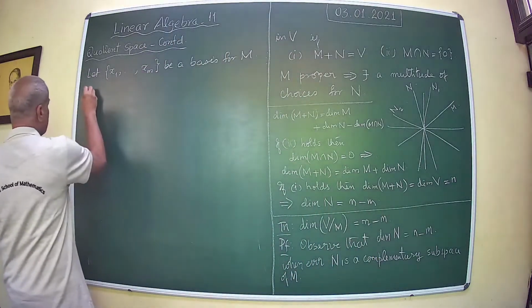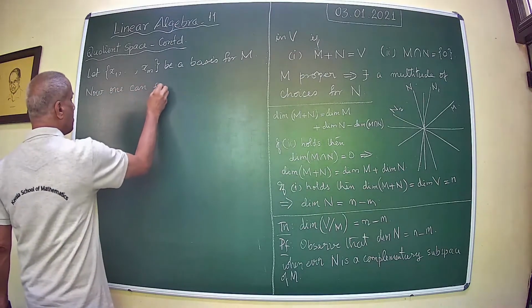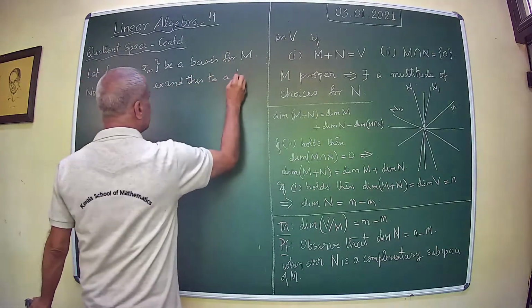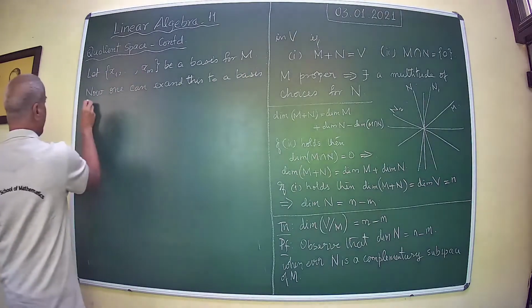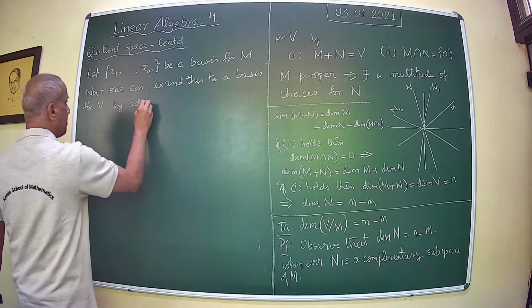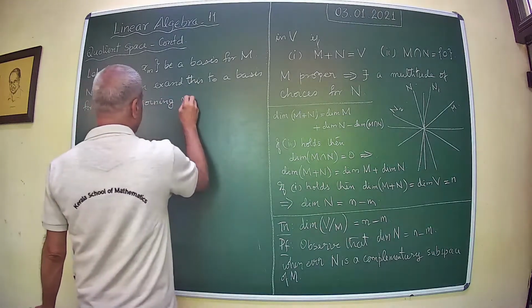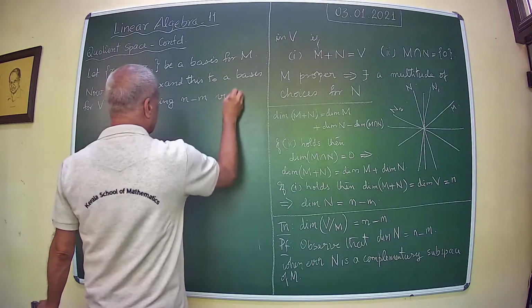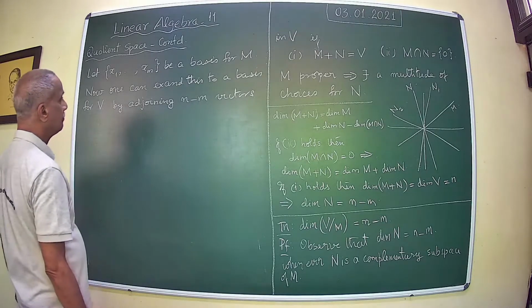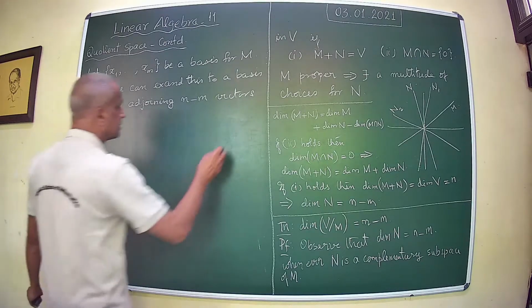Now, one can expand this to a basis for V by adjoining n minus m vectors.